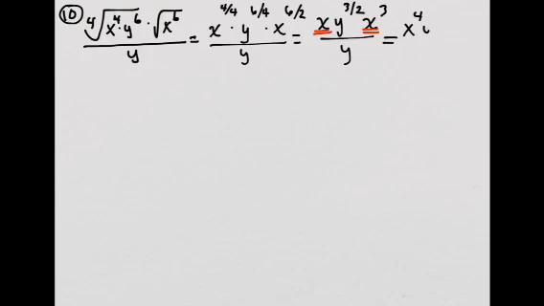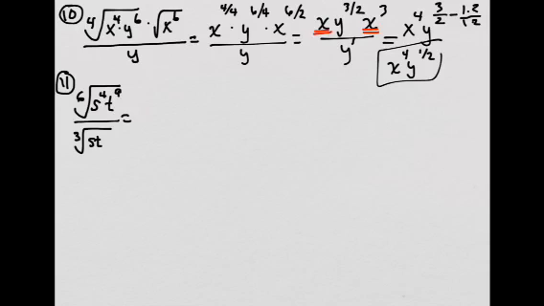And then the y's, I'm going to do 3/2 minus 1 because the power in the denominator right there is 1. So 3/2 minus 1 is the same thing as 2/2, right? So 3 minus 2 is 1, and so 1 over 2. So the answer is x to the 4th, y to the 1/2.